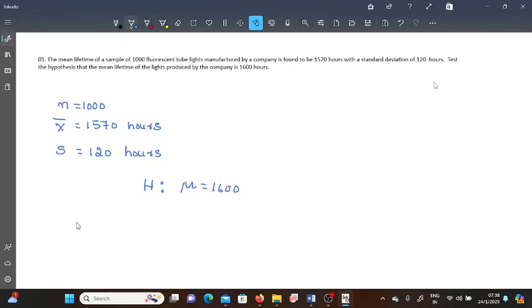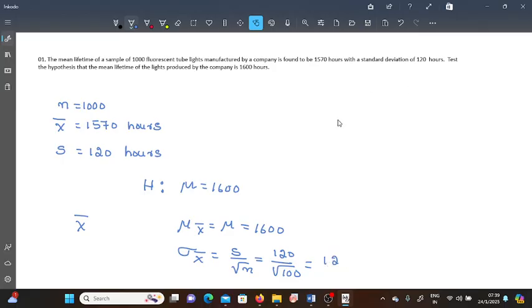For the distribution of X bar under the given hypothesis H, the mean is mu X bar equal to mu, that is 1600. Here the population standard deviation is not given and the sample standard deviation is given, so we consider sigma X bar equal to the sample standard deviation by square root of the sample size, that is 120 by square root of 100. So the value is 12.